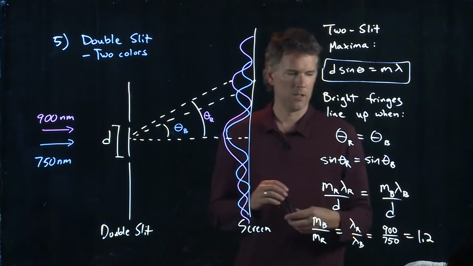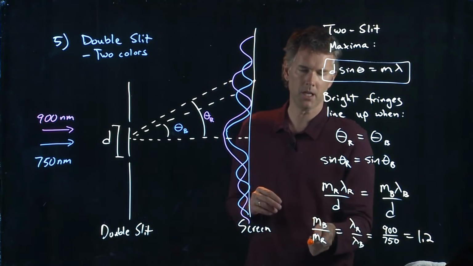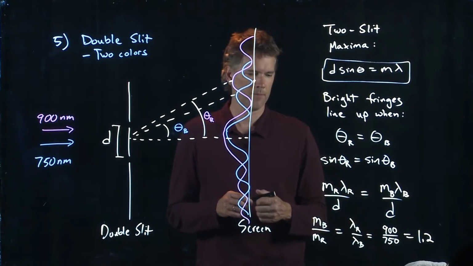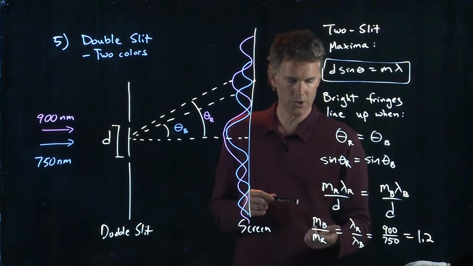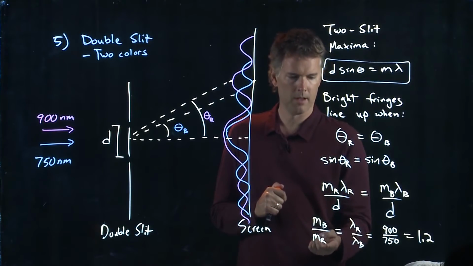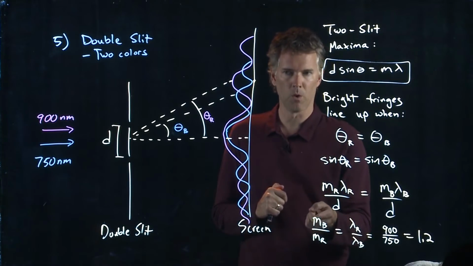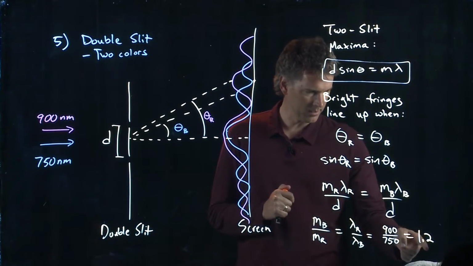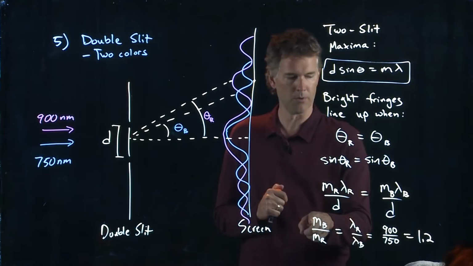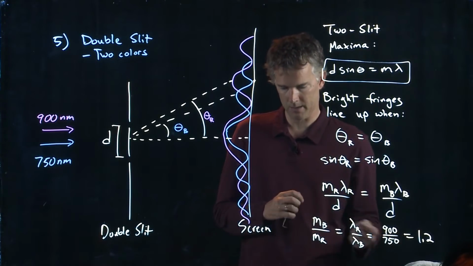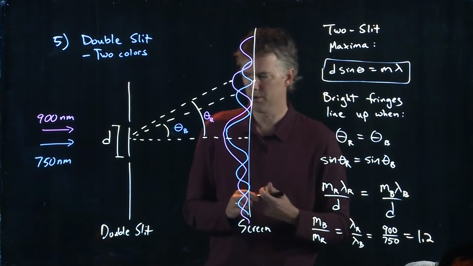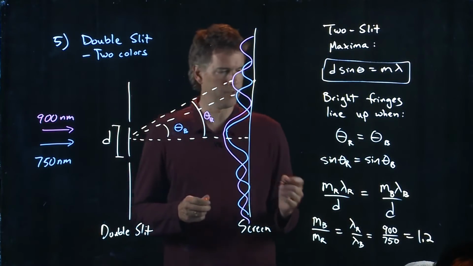But m has to be an integer, right? That has to be some integer. So if I start with m equals 1, I could have m equals 1 or 2 on top. That's not going to do it. If I go m equals 2, then I could do 2 or 3 on top. That's still not going to do it. Okay, and so you just need to express this in terms of a fraction of integers.